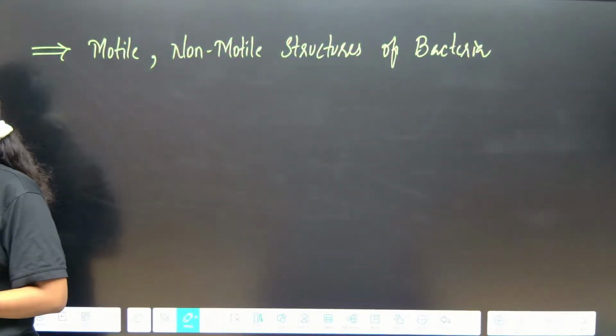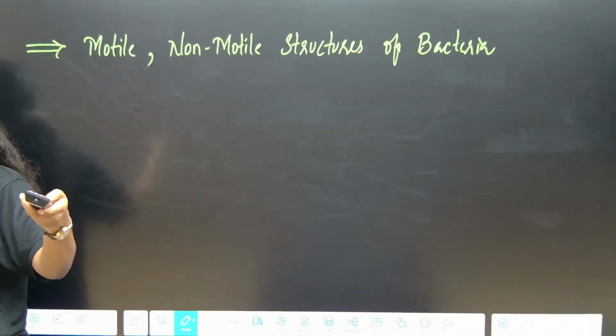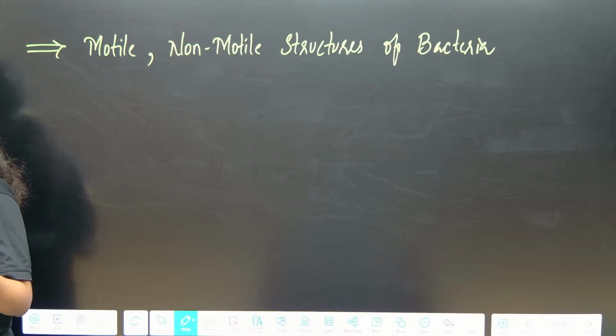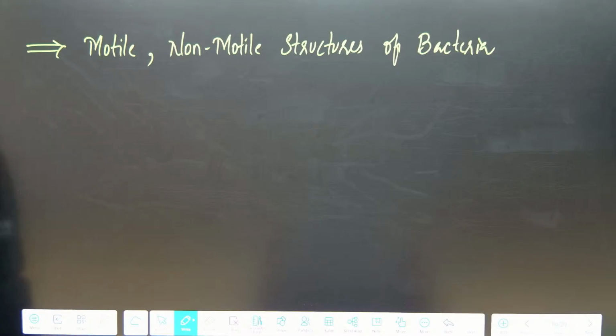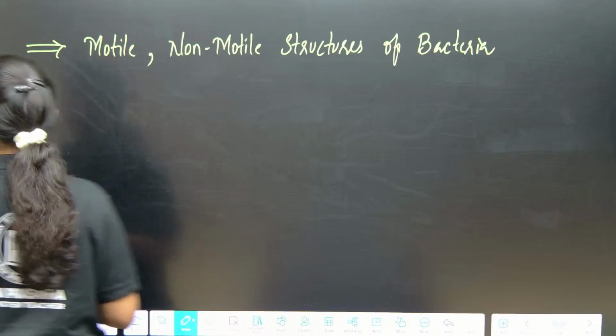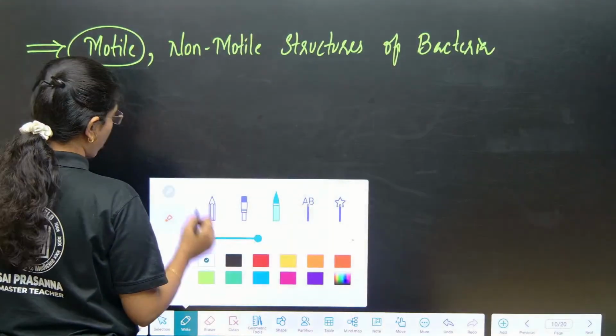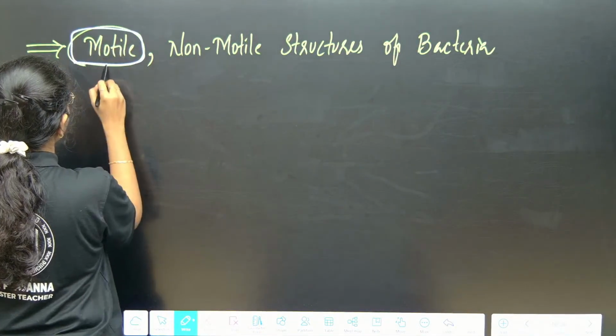Here we go with motile and non-motile structures. First, motile structures. The only motile structure of the prokaryotic cell is flagella.